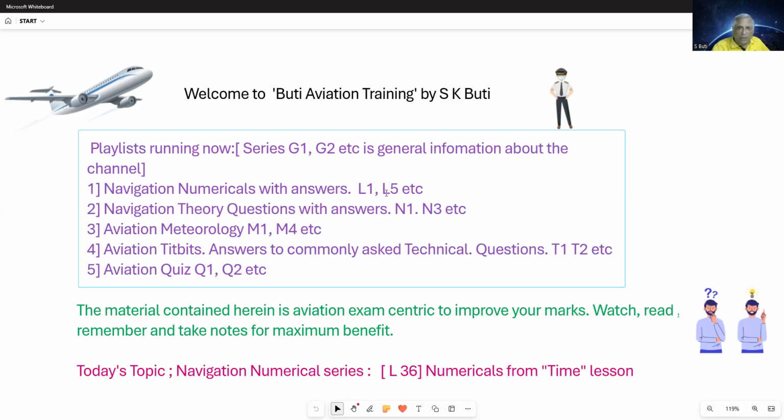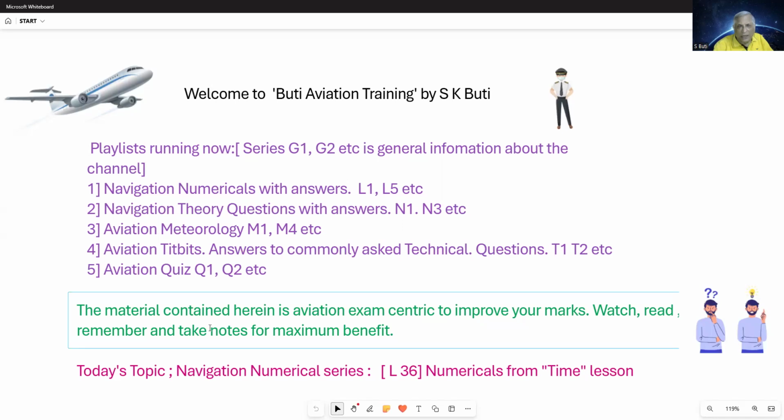Navigation numericals numbered L1, L2, etc. Navigation theory questions with answers numbered N1, N2, N3, etc. Aviation meteorology lessons M1, M2, M5, etc. And aviation tidbits are commonly asked technical questions T1, T2, etc. And then there are teasers called aviation quiz Q1, Q2, etc.